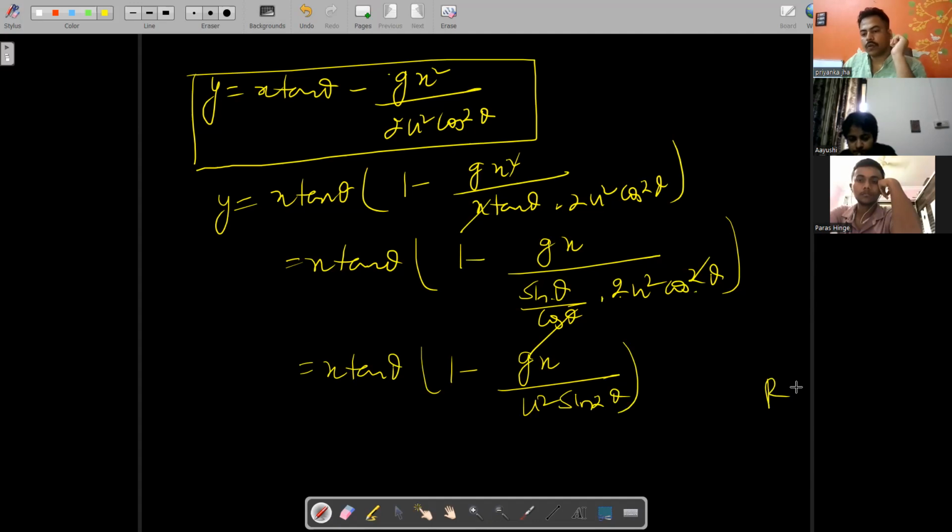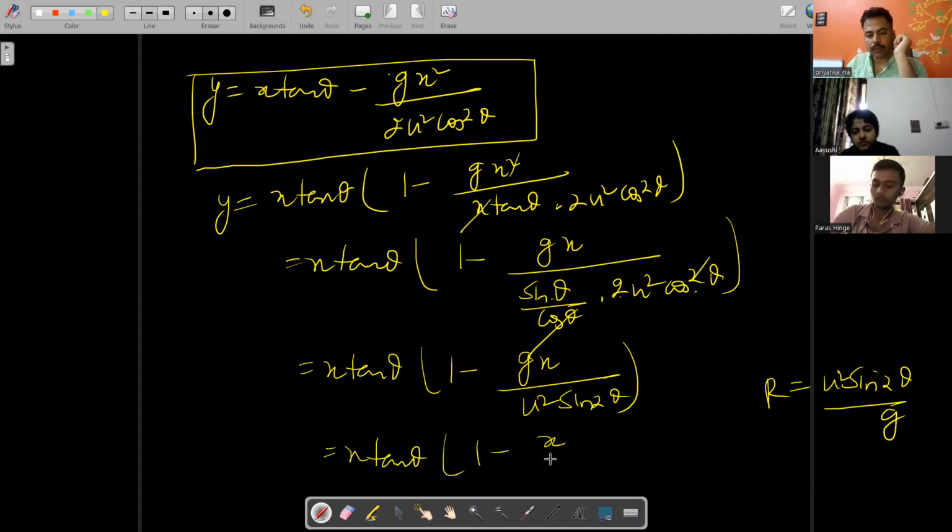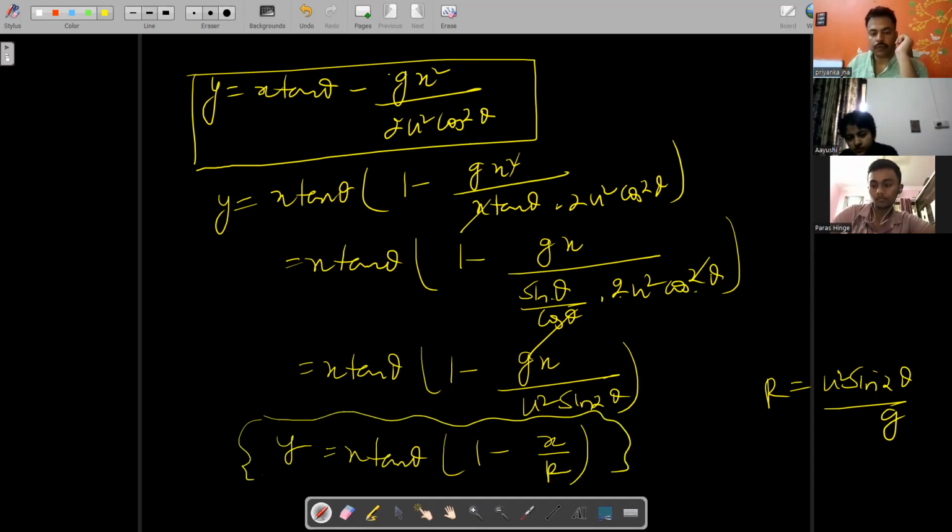You know the formula of range: u square sine 2 theta upon g. So this can simply be replaced by range R, x upon R. This is also an important formula. You can also define the equation of trajectory in this form: y equal to x tan theta into 1 minus x upon R.